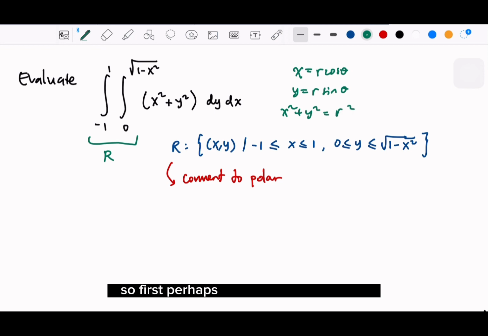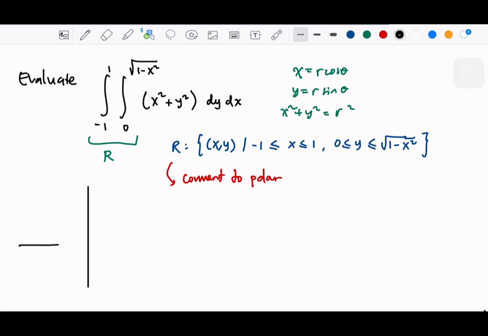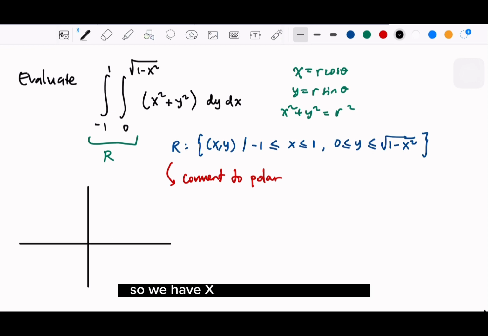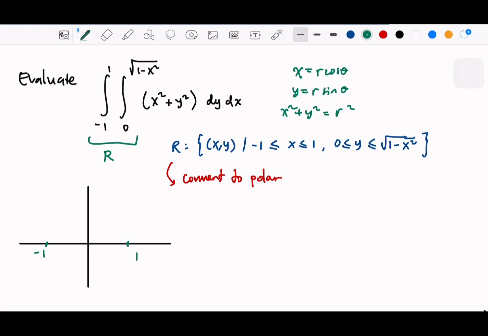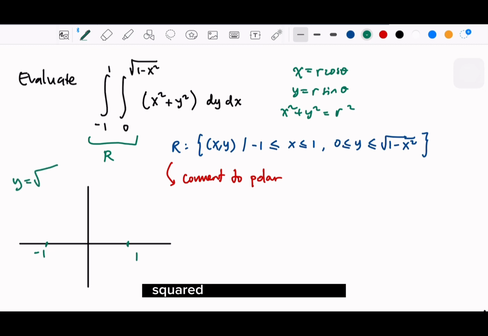Okay. So first, perhaps, let's visualize the curve. So we have x from -1 to 1. Let's say this is -1, this is 1. And then we have y equals square root of 1 minus x squared. Okay.